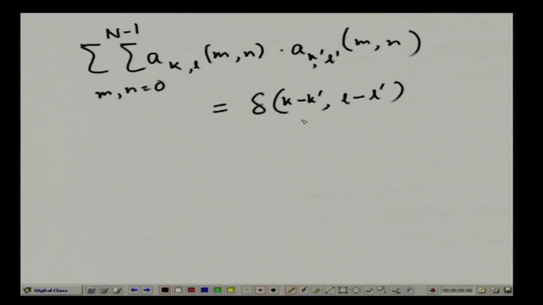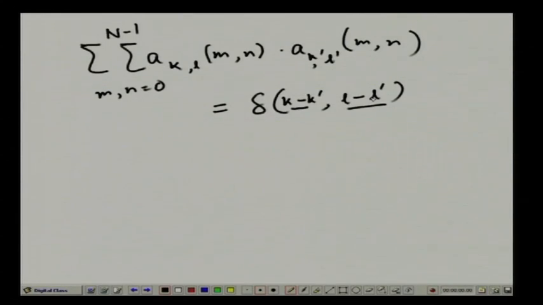So, this value will be equal to 1 whenever k is equal to k dash and L equal to L dash. In all other cases, this summation will be 0.